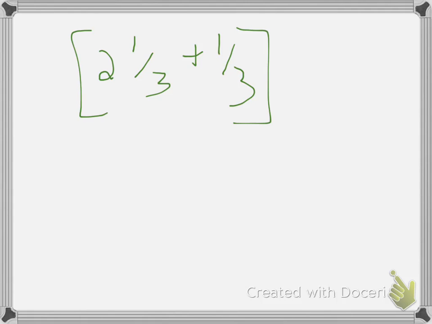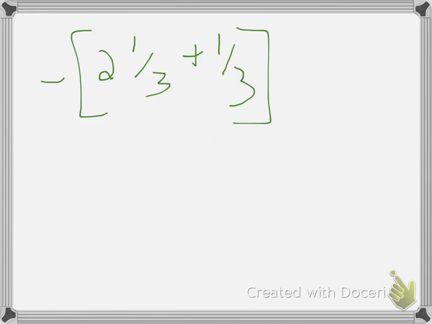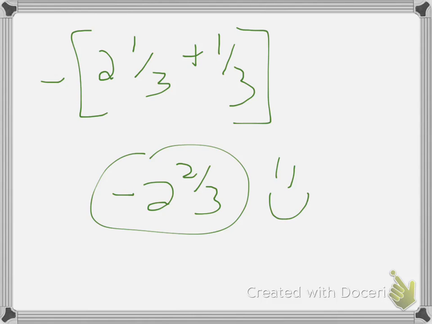But then that whole thing you're going to negate. Remember that we've got that negative sign floating out there. So in the end, 2 1/3 plus 1/3 is 2 2/3. And of course that's negative. Final answer. Yay. Hope you made that with me.